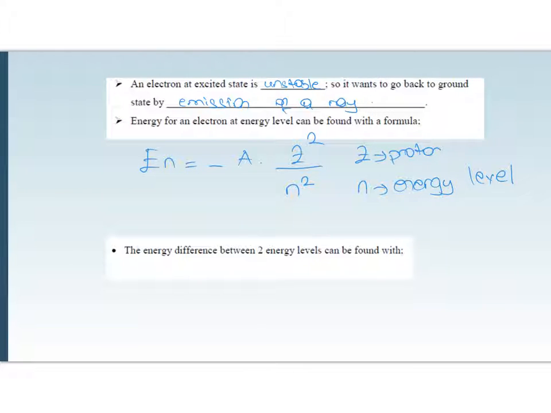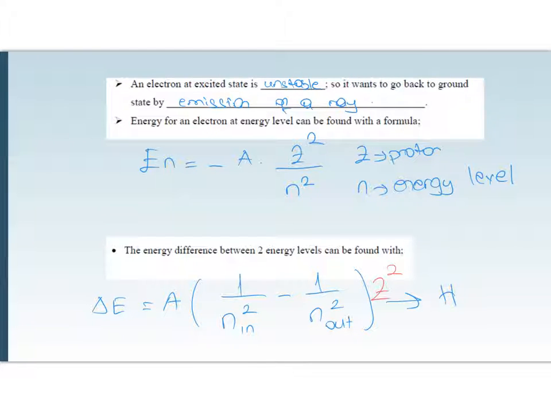If you would like to find the energy difference between two levels, you can apply this formula: delta E is equal to A times (1 over n inner energy level squared minus 1 over n outer energy level squared). This formula is used only for hydrogen. If you would like to find the energy difference between two levels for another atom, in this case you have to add a Z squared here. Please do not forget.